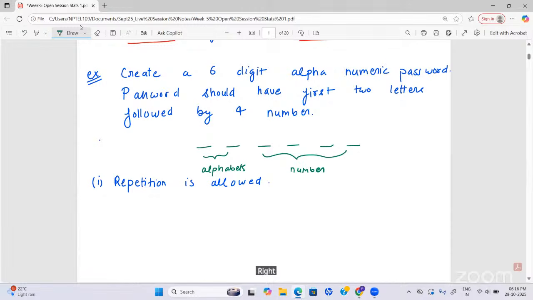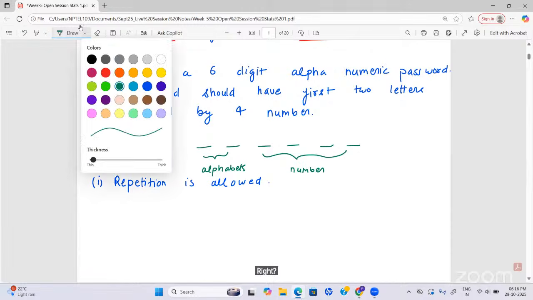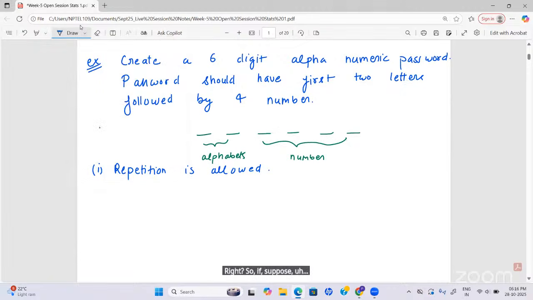Suppose repetition is allowed, then in how many ways can we do that? For the first place, how many possibilities? 26 into 26. For both the places, we can have 26 options.